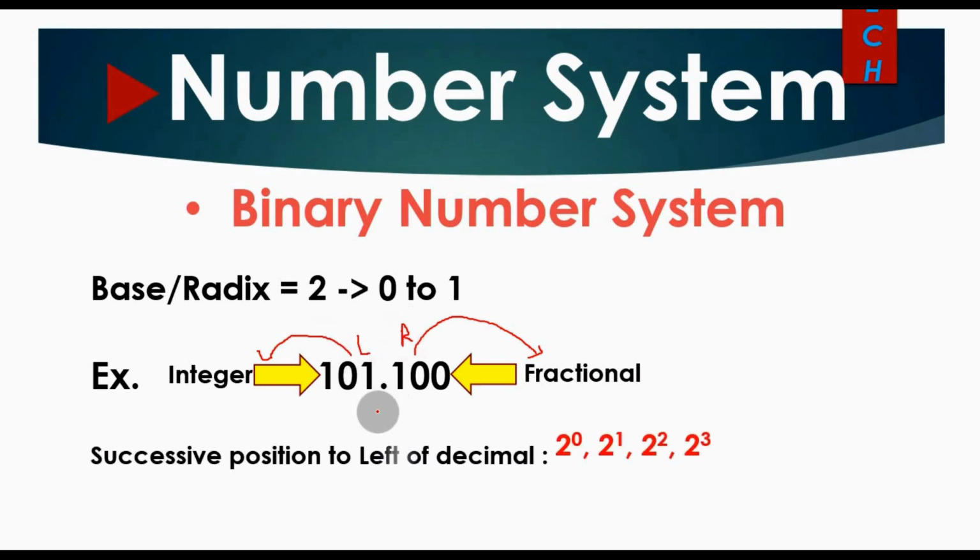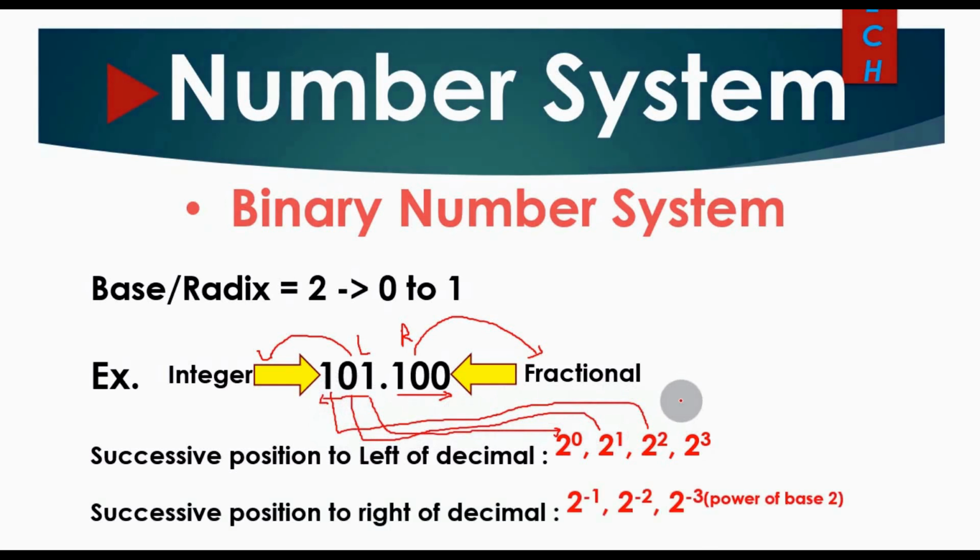The successive positions to the left of the decimal are to the power 0, to the power 1, to the power 2 and to the power 3, right? They start from here to here for the integer value and from here to here for the fractional value. This is to the power 0, this one is to the power 1 and this one is to the power 2.